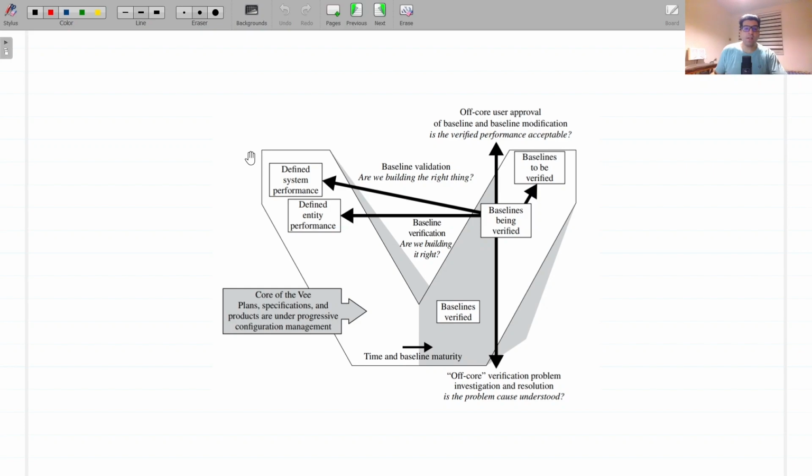Upward iterations involve the stakeholders and are in-process validation activities that ensure that the proposed baselines are acceptable. The downward vertical iterations are the essential off-core opportunity and risk management investigations and actions.